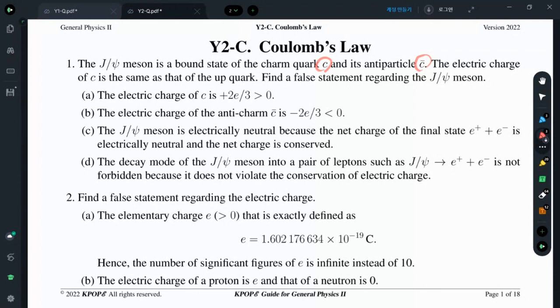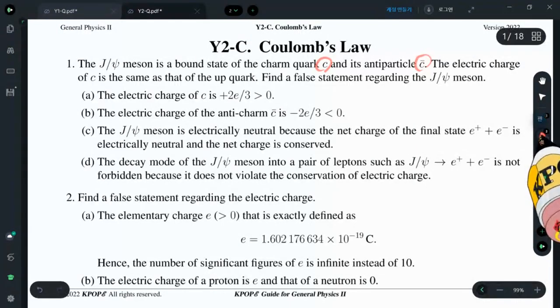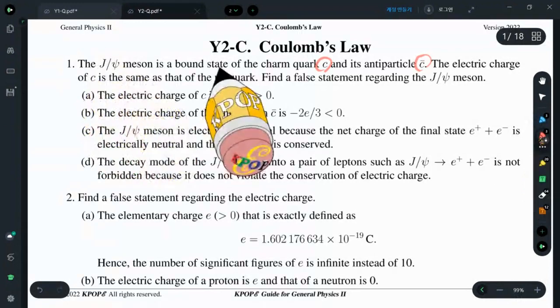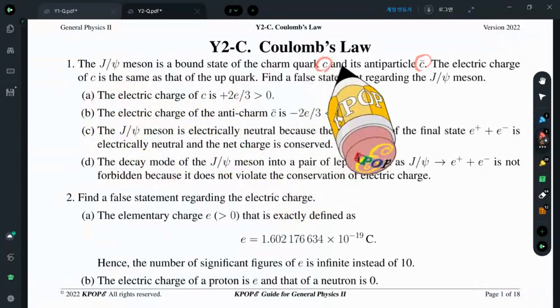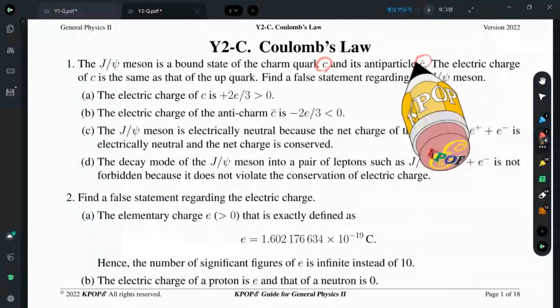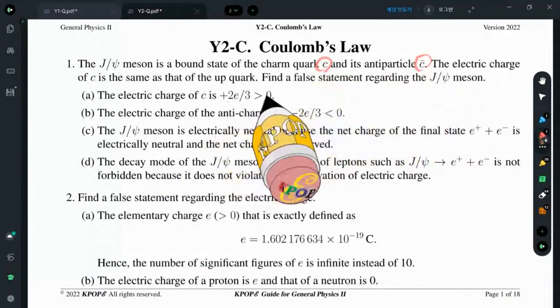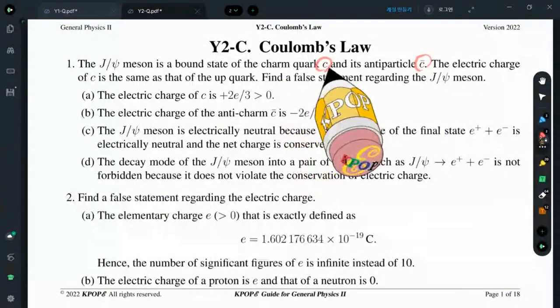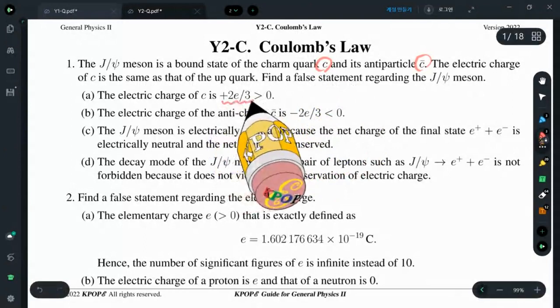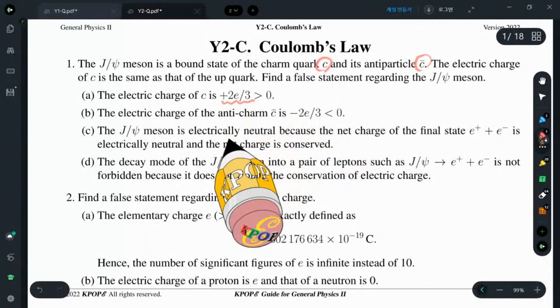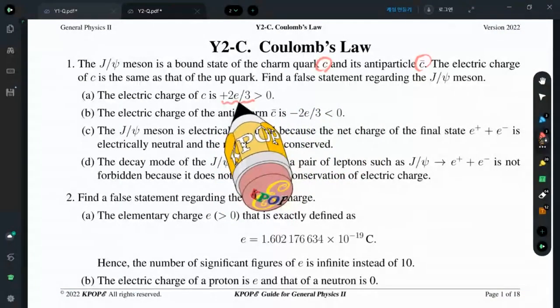You don't have to remember what J psi is, but here it states that J psi consists of a charm quark and an anti-charm quark. An up-type quark, such as a charm quark, has an electric charge that is 2/3 of the elementary electric charge.